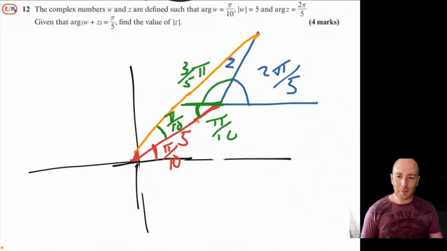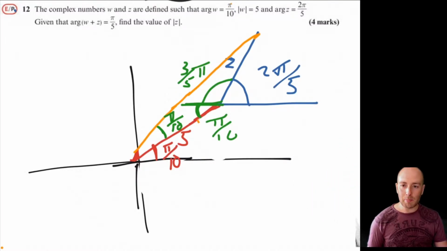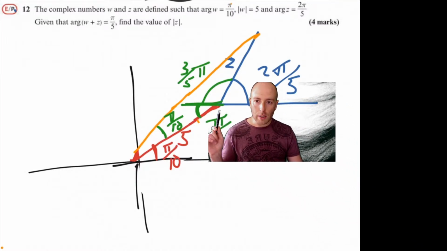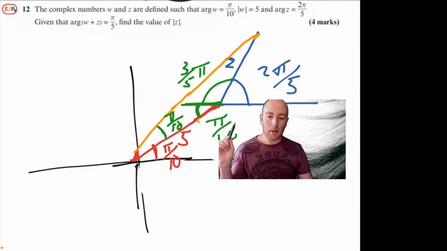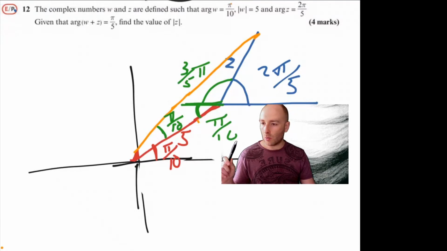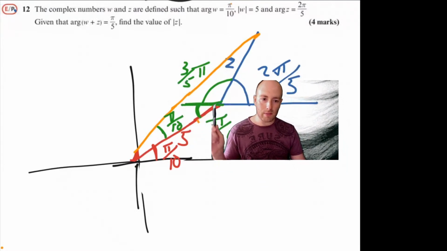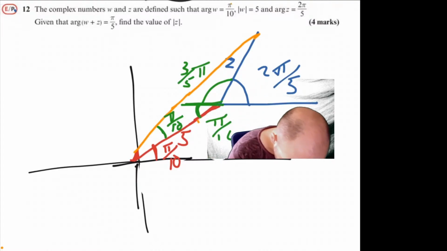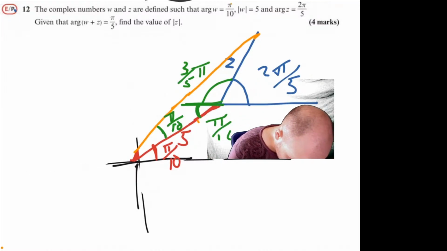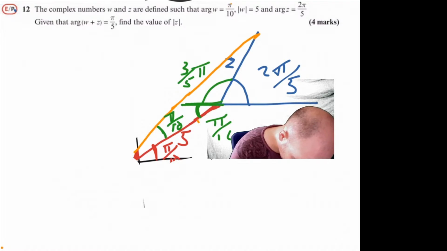Cool, sorry, I got a bit stumbled there. Right, so if you want to work out this internal angle, that's going to be 3/5 pi plus pi over 10. So that's going to be 7/10 pi, I think, in that one. So I'm going to redraw this just using the triangle now, and just using the bits that we need.